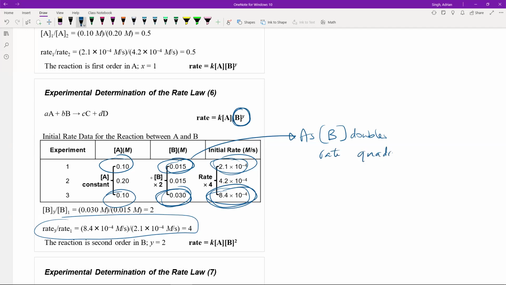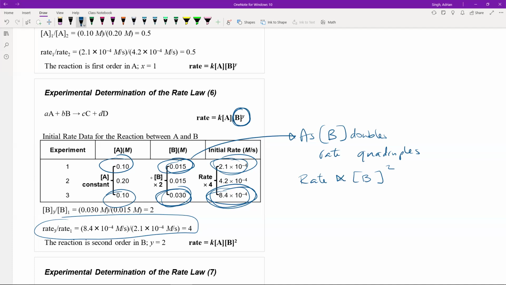So what that means is that the rate is proportional to the concentration of B, not to the power of 1, but to B squared, or proportional to the concentration of B to the second power.